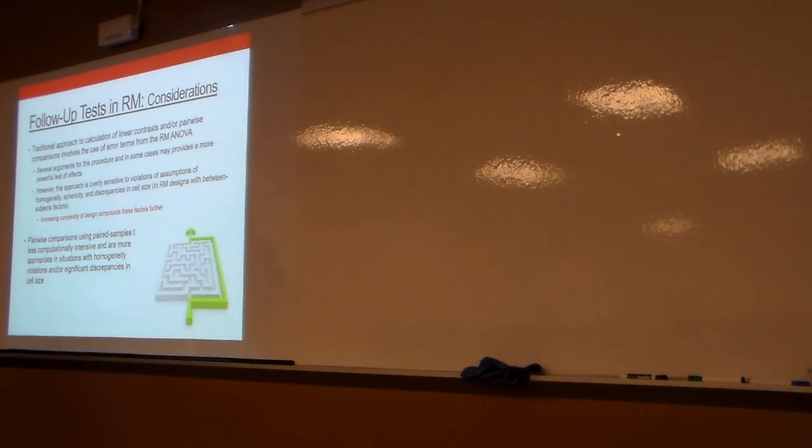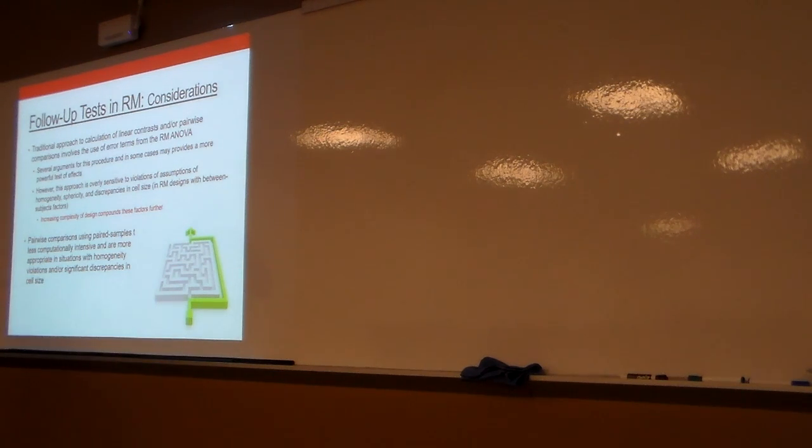As we start to have problems with violations of homogeneity of variance, sphericity, and discrepancies in our cell sizes, if we have a repeated or a between subjects factor in this, it makes some of these assumptions less and less tenable. And so we're running tests based on assumptions that we've violated. What happens is we start to worry about whether the conclusions we're drawing from our inference tests are accurate, okay?